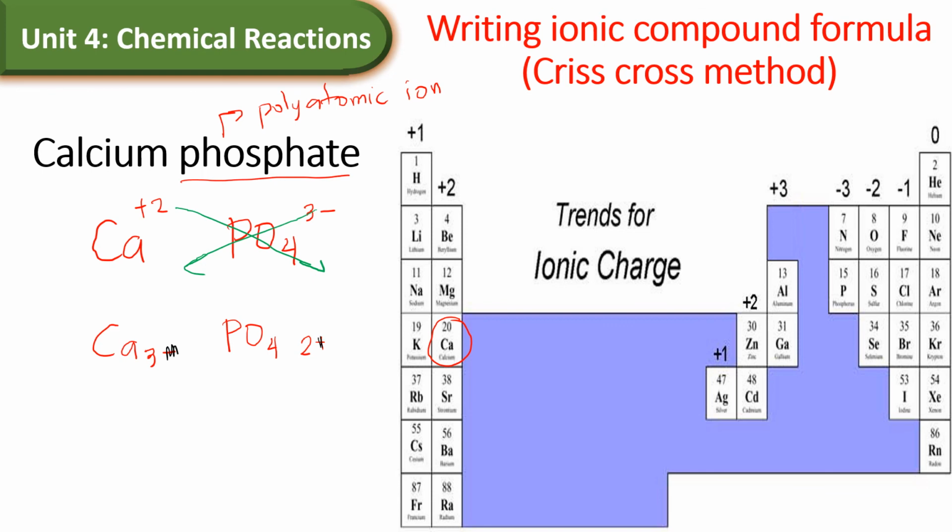Cancel this one, cancel this one. So you will get Ca3 PO4 2. Now, is this the final answer? Okay, not yet, because if you look at it here, it will become like PO42, right? So to avoid confusion, you have to put a bracket because this one is a polyatomic ion. So this will be the final answer.